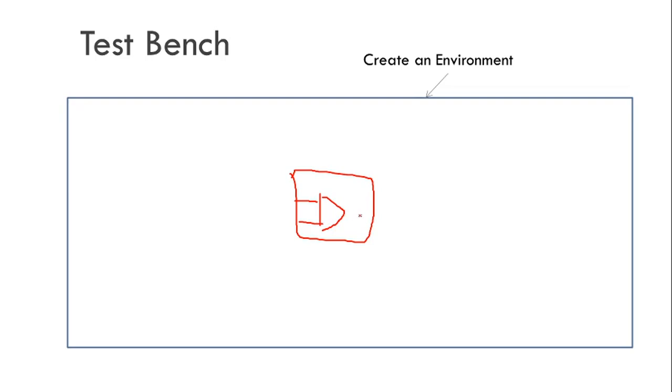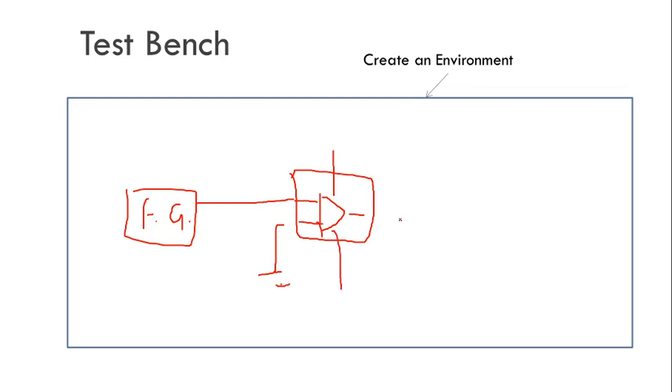Now the input we provide to that IC comes from the function generator, where we provide the input signal with different frequencies and different amplitudes. We also have a power supply, and we take the output on the CRO.